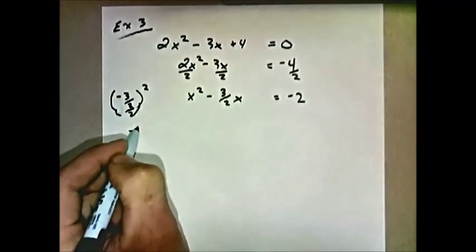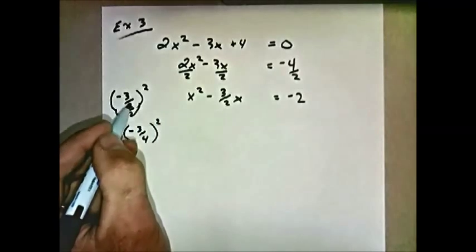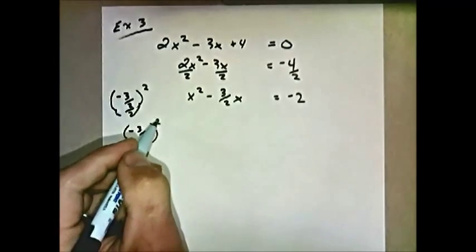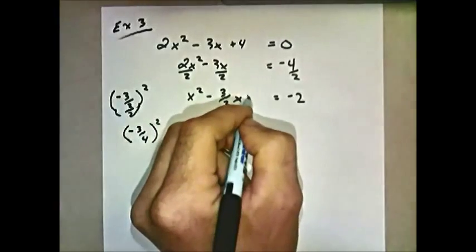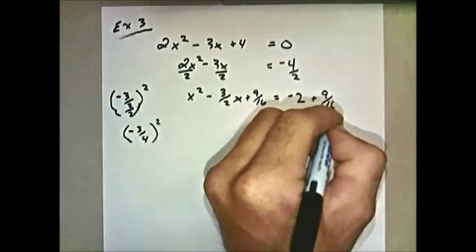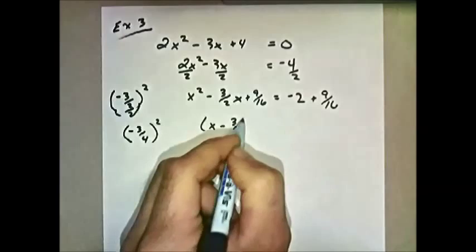So we end up with negative 3/4 squared. Remember, multiply your 2 and your 2. Gives us negative 3/4. Squaring it, we get 9/16. So we're going to add 9/16 to both sides. Factoring this, we have x minus 3/4 squared.